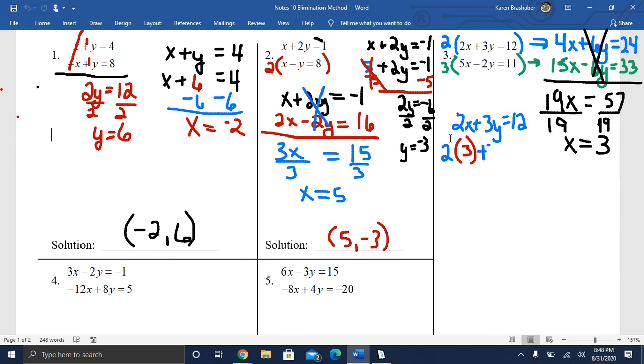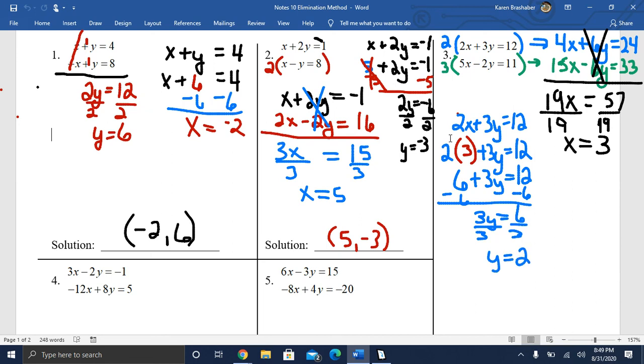And then plus 3y equals 12. So I substituted. 2 times 3 makes 6. So 6 plus 3y equals 12. I can subtract 6 from both sides of the equal sign, making 3y equals 6. Dividing by 3 on both sides, I get y equals 2.